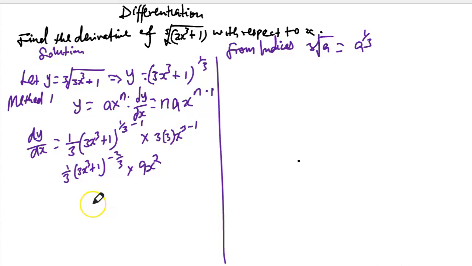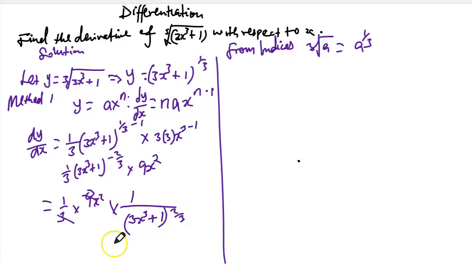I can do simplification, and this gives me 1 over 3 multiplied by 9x squared, and 3 can go into 9 to give me 3. Multiply all this by what we have in the bracket, 3x cubed plus 1, raised to, since it is in the denominator, it will not be negative 2 over 3, so this becomes 2 over 3 positive.